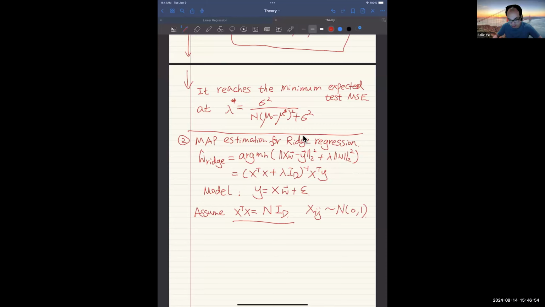If we allow this, we can plug in analytically. This becomes (n times identity plus lambda identity) inverse times X transpose y, which is X transpose (Xw plus epsilon).